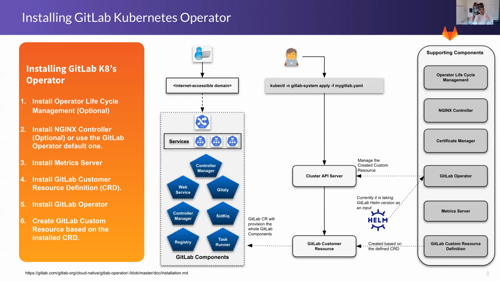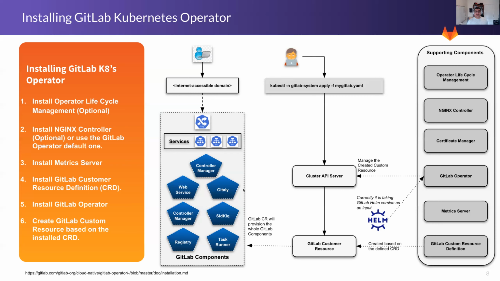Then, of course, install the operator or the controller, the GitLab operator itself, which will basically take care of managing the objects you will instantiate out of the custom resource definition, which are the custom resources. And basically, at the end of the day, use that installed custom resource definition to create the GitLab custom resource.